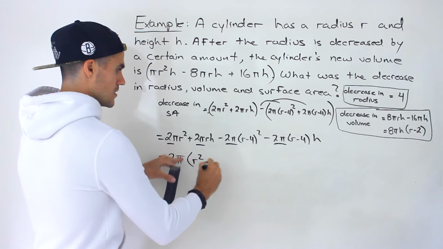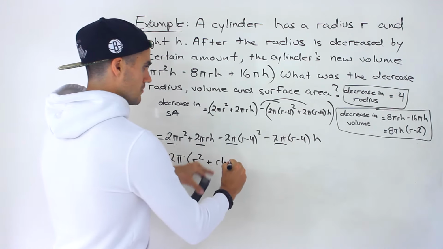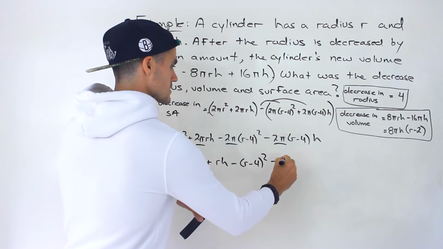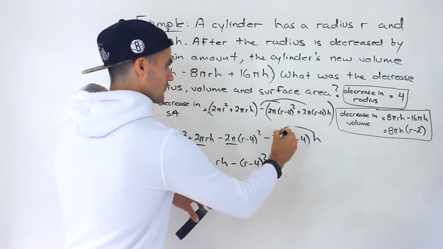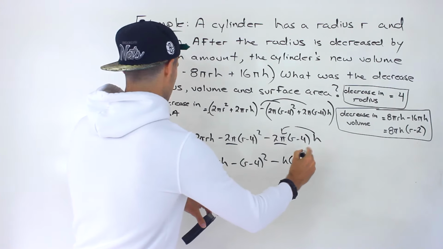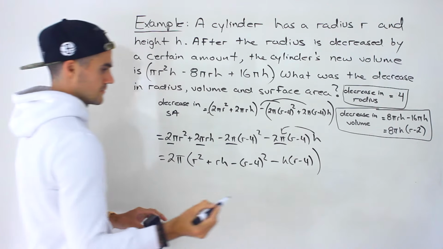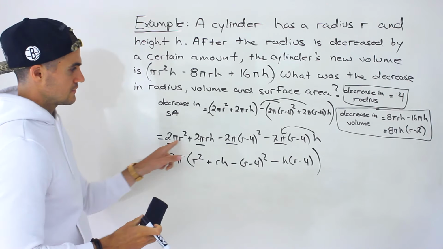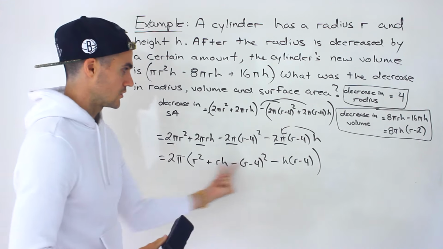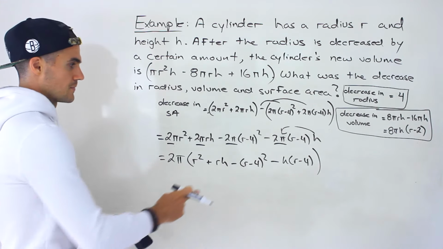r squared plus rh minus (r minus 4) squared minus, let's bring the h in front here, so it would be h(r minus 4), because we're going to have to expand that h inside the bracket. Basically, from all these, I just took out a 2 pi to make the calculation easier.